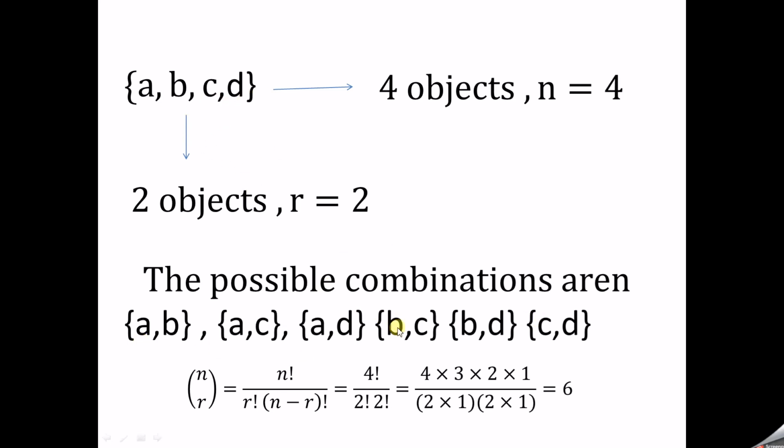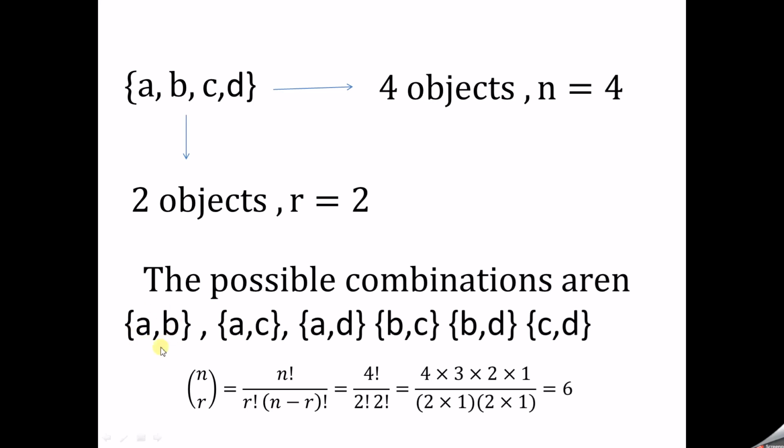So these are the total combinations that we have when we are selecting two objects from a set of four objects. When we are taking AB as a collection, we don't consider again BA, because AB is a collection without regard to order. This may be in any order, AB or BA, both are the same.